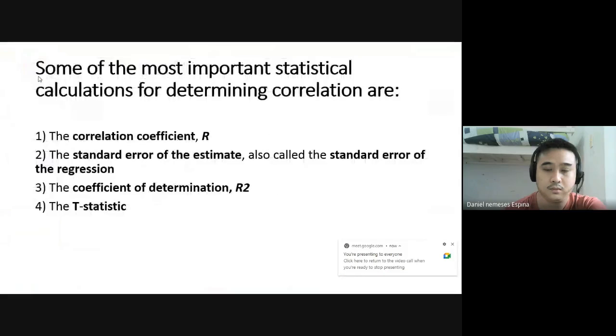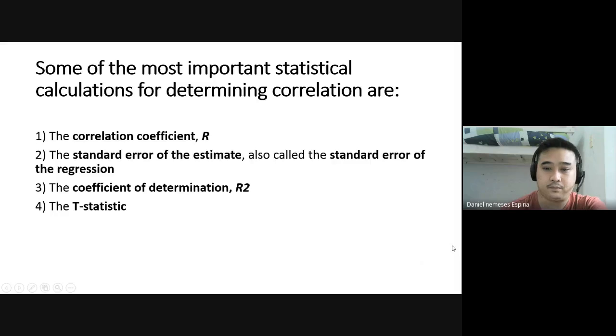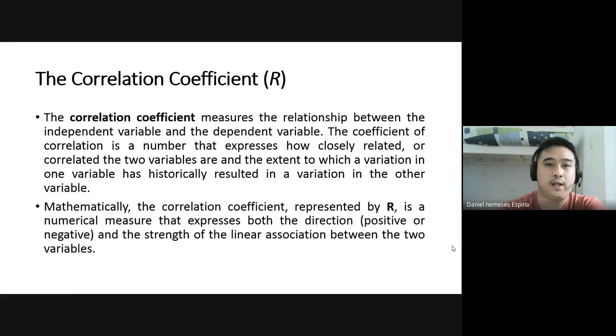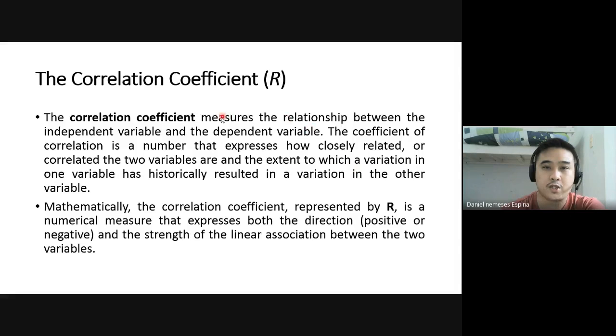Okay, next. So what is a correlation coefficient? So the correlation coefficient measures the relationship between the independent variable and the dependent variable. So you're trying to observe the values of the independent variable against the values of the dependent variable.